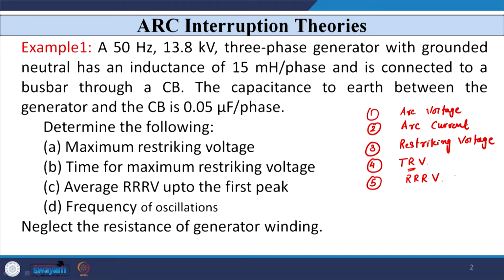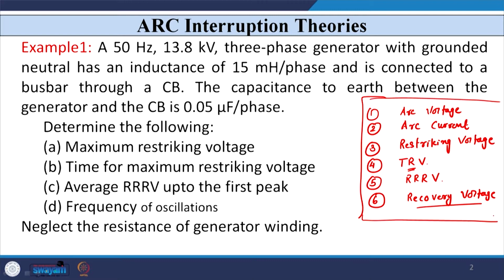And the sixth one is the recovery voltage, the steady state voltage after the extinction of arc. So whenever the contact of the circuit breaker separates, these are the different voltages that appear across the contact of circuit breaker. With this background, let us solve one example.